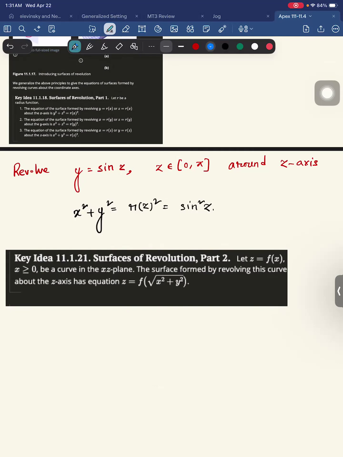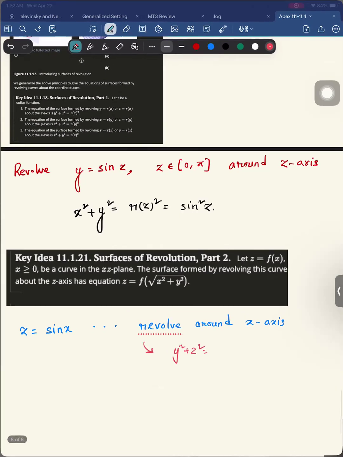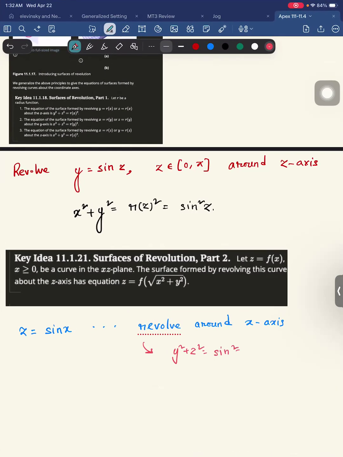Let me give you an example. z equals sine x, revolve around the x-axis, then the formula is very easy, which we just saw. The equation becomes y squared plus z squared equals sine squared x.